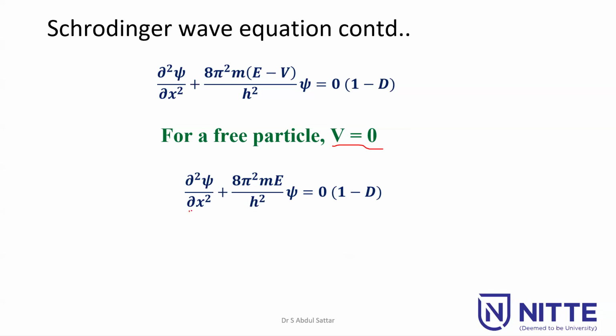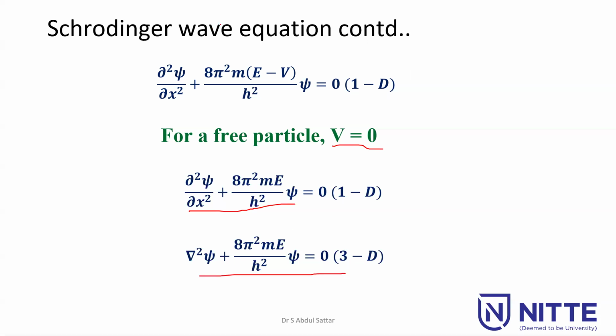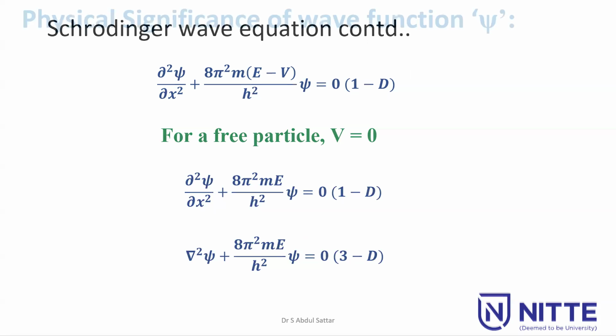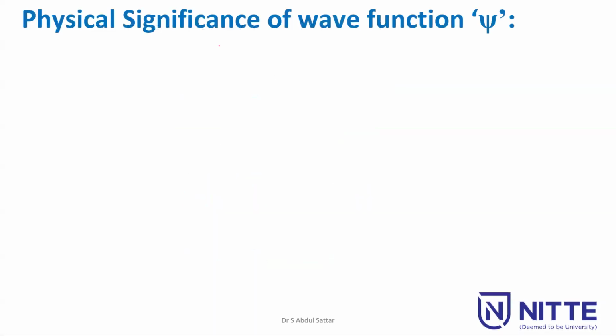So this is the Schrödinger's time independent wave equation for a free particle. In three-dimensional case we can write it in this way, and in one-dimensional case we can write it likewise. So next, we are going to discuss the physical significance of a wave function.